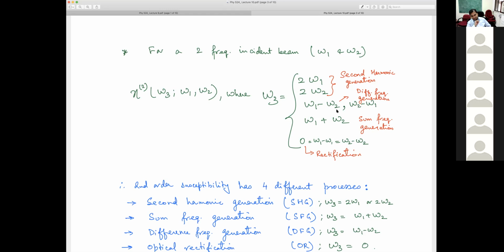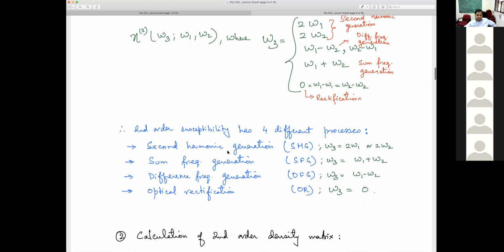That is sum frequency generation. And finally, I can also interact the two fields such that the plus omega oscillating term combines with the minus omega oscillating term and they cancel out, so that it gives me what is called optical rectification.